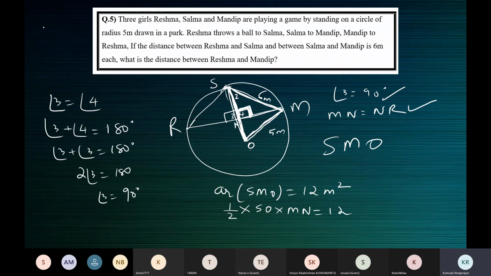See here, we have a triangle like this. This is the altitude. See, this is the triangle SOM. MN is the altitude. This is angle 4. MN is the altitude on the base SO.